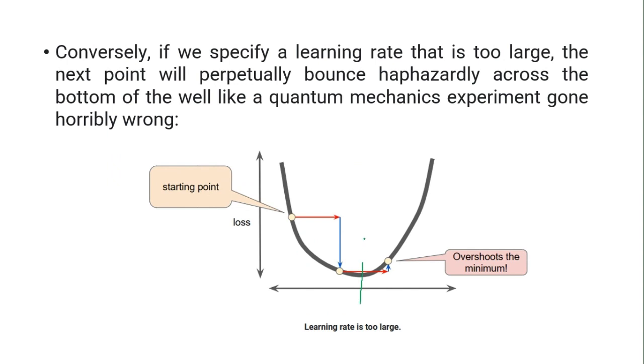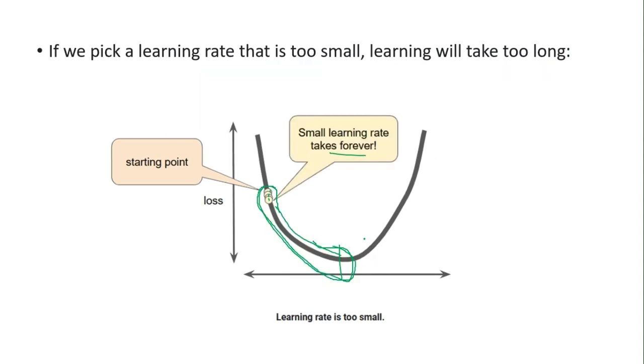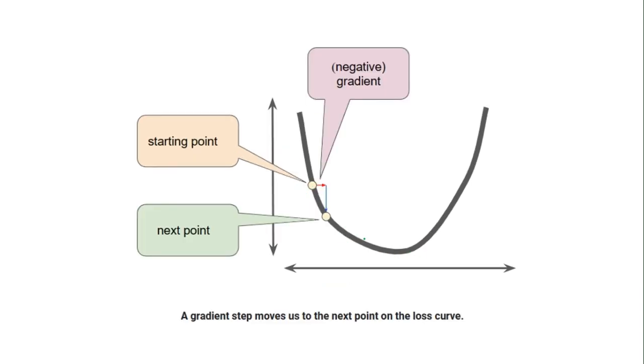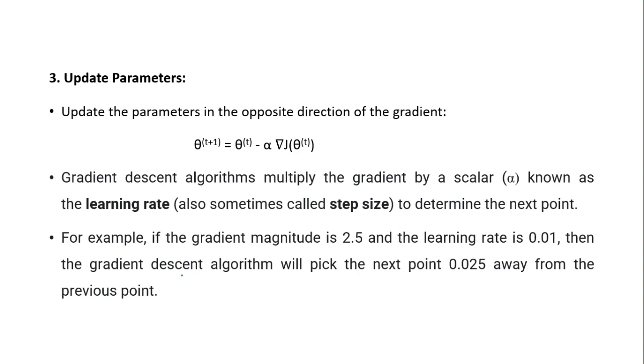So we should have a compromise between these two. This is the actual importance of this learning rate alpha. We should select it in such a way that it is neither too large nor too small. I will give you the range in which we can set the learning rate when we have the hands-on in the next session.